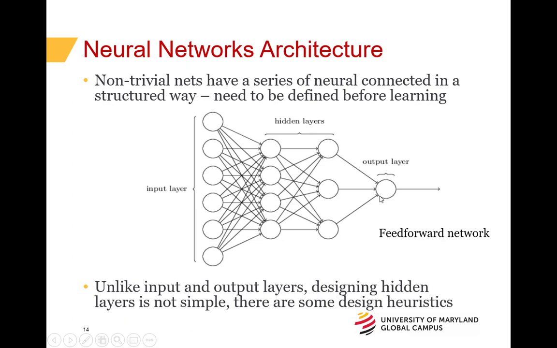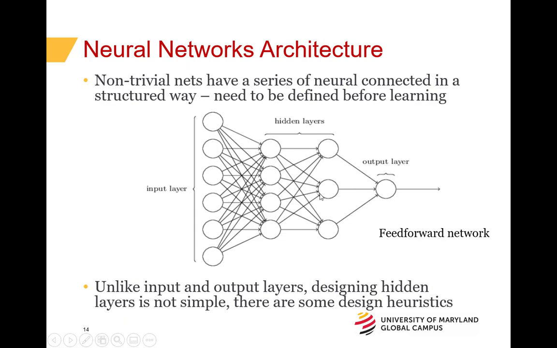The output is also more or less fixed. It is dictated by what you're predicting. If you're predicting, for instance, a binary value, then one neuron can do it, right? If you have multi-class problems, one way to achieve it is by having a neuron for each class. So you will have multiple neurons for multi-class problems.